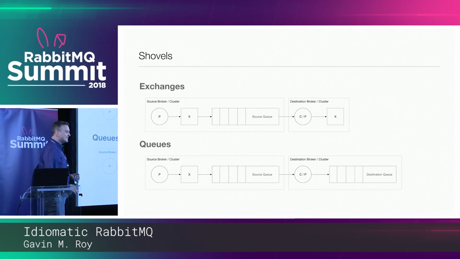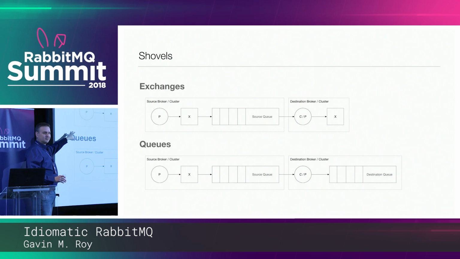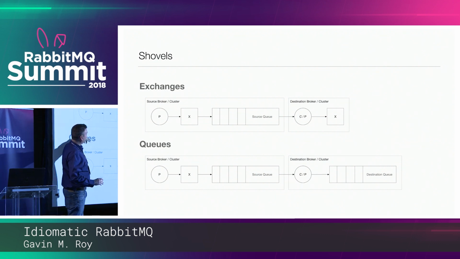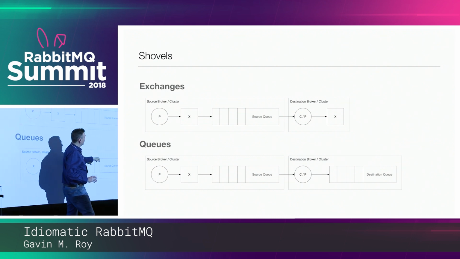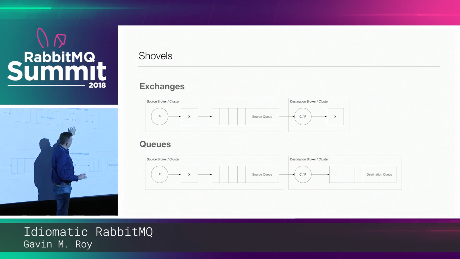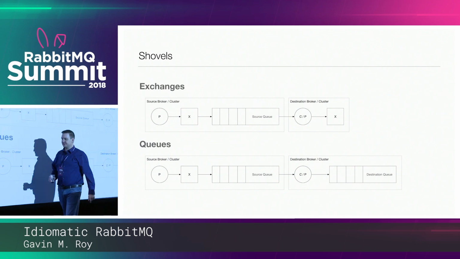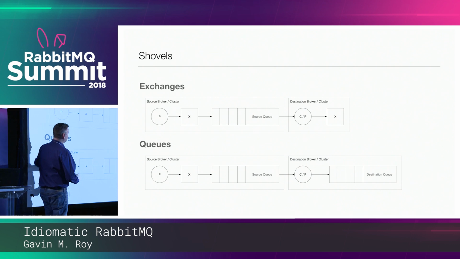Same is true with shovel. These diagrams are not terribly different, but the behaviors of how they work are slightly different. If you're going to shovel to an exchange, you basically have your source queue and a consumer publisher built into RabbitMQ that's publishing to the exchange on the downstream side, or the destination side.